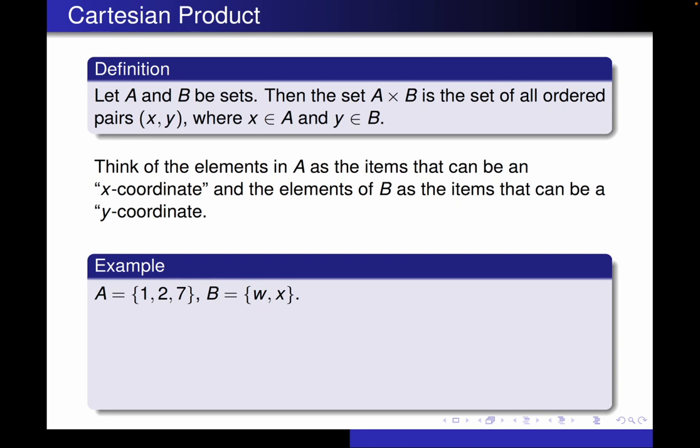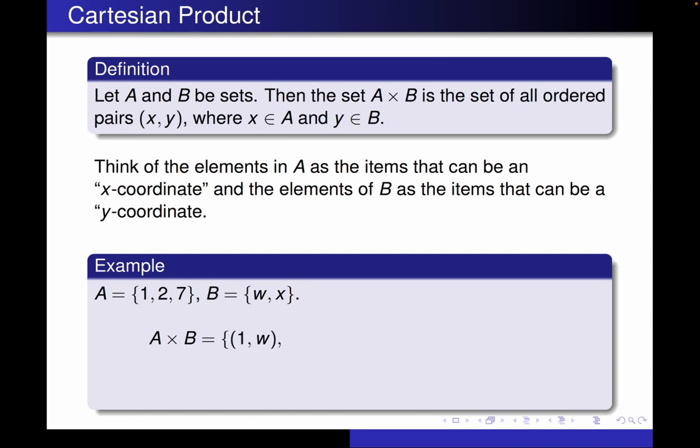So here's an example of two sets, A and B. A contains the numbers 1, 2, and 7. B contains the letters W and X. Let's see if we can write out the elements of A cross B. As you note from the definition, we take an element of A and put that as the x-coordinate, take an element of B and put that as the y-coordinate.